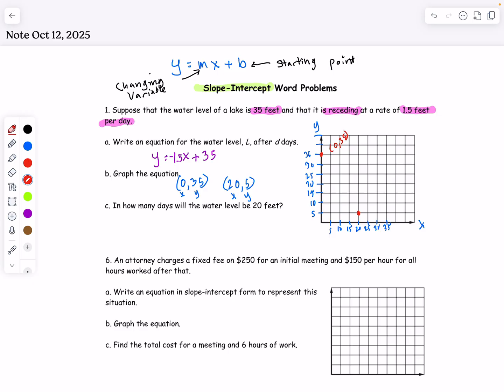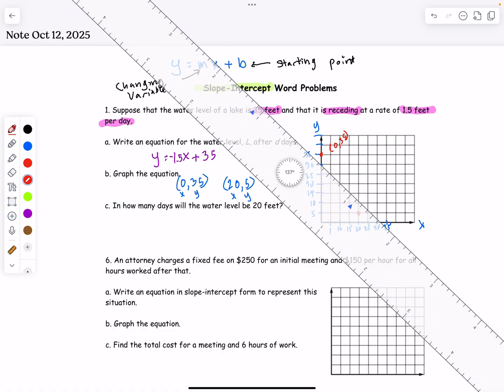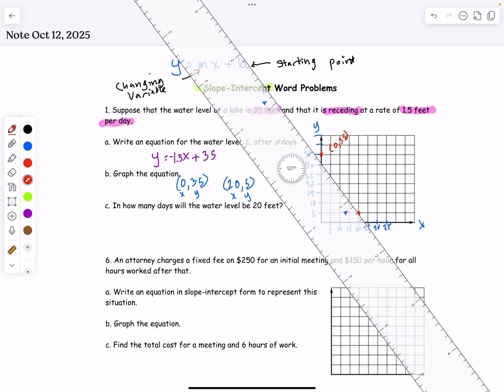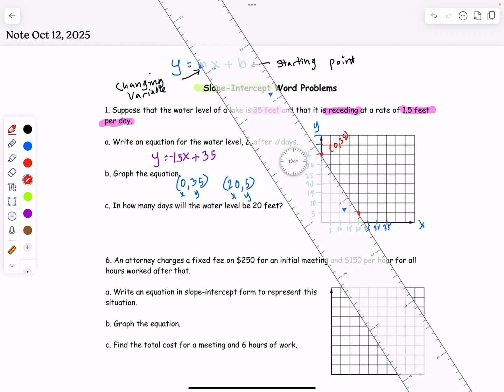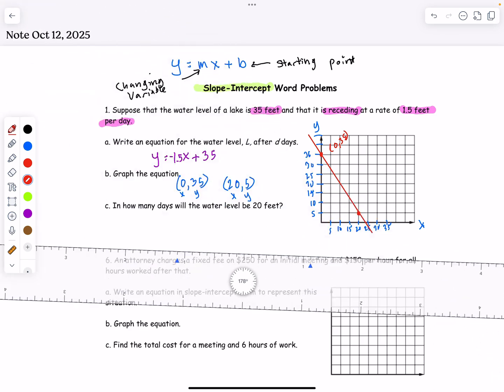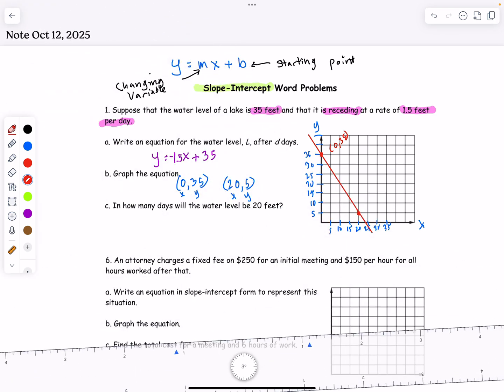Then, once you have your 2 points, all you'd have to do is take out a straight edge and draw a straight line connecting them. Done.